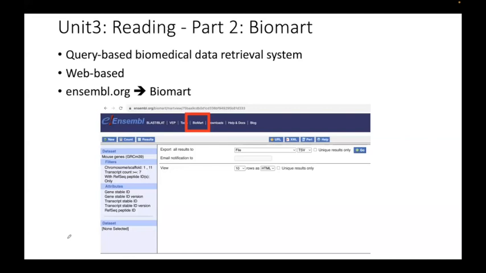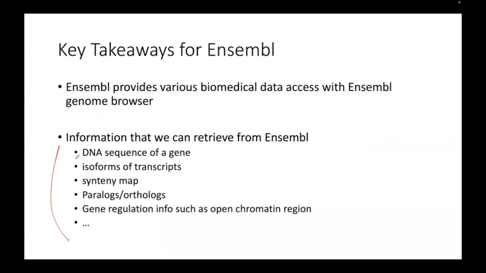So far, you click somewhere in the Ensembl database and retrieve the data, right? If you want to get the DNA sequence of a gene, click here, type something, click here, and then you will get it. So the way you retrieve is based on clicking so far.